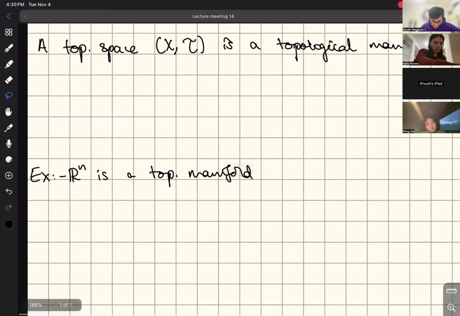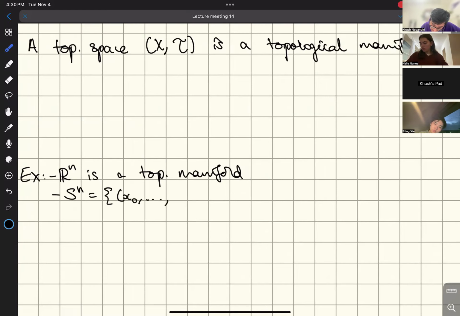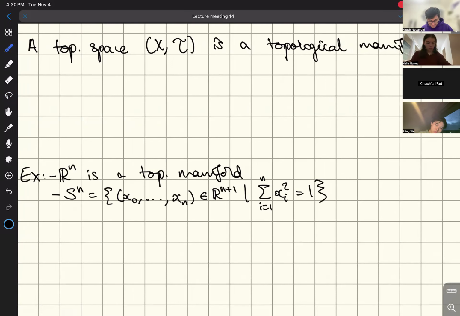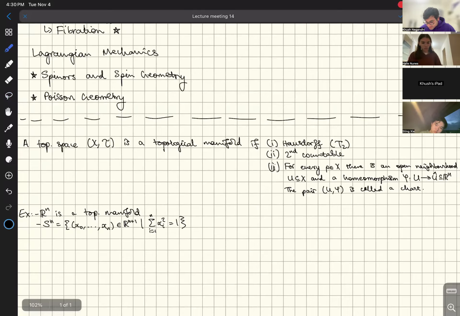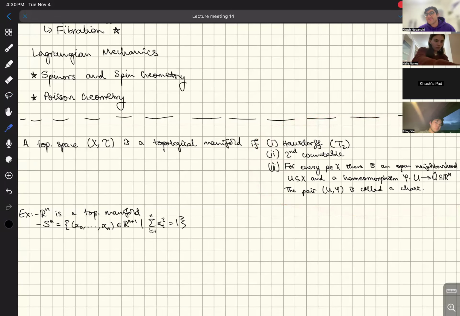So yes, Rn is a manifold. Another example of a manifold is Sn, which is the set of points x0 up to xn in Rn plus 1, such that the sum of xi squared is equal to 1. This is a manifold. One can show that this is a manifold using this definition, but as we'll see, it's very tedious.